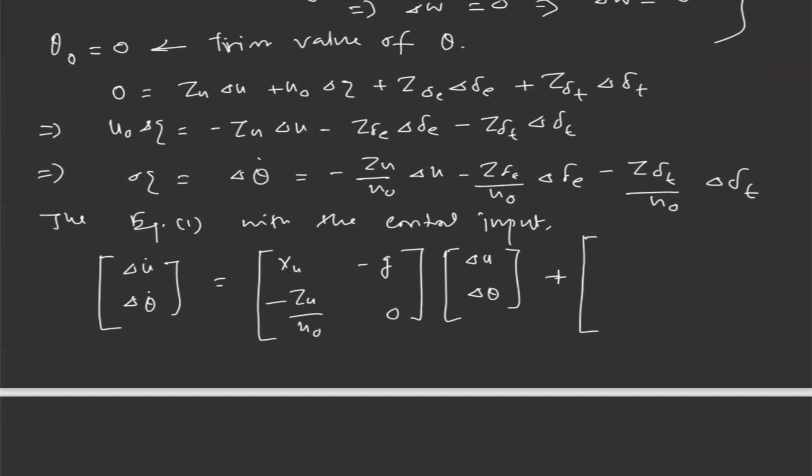If you refer, it will be X delta E, X delta T, and for delta theta dot, minus Z delta E divided by u naught and minus Z delta T divided by u naught. This is the control vector, and the control input will be delta E, delta T.